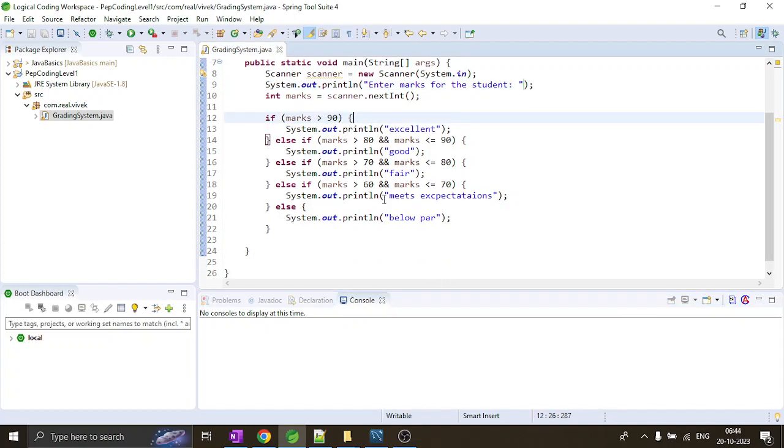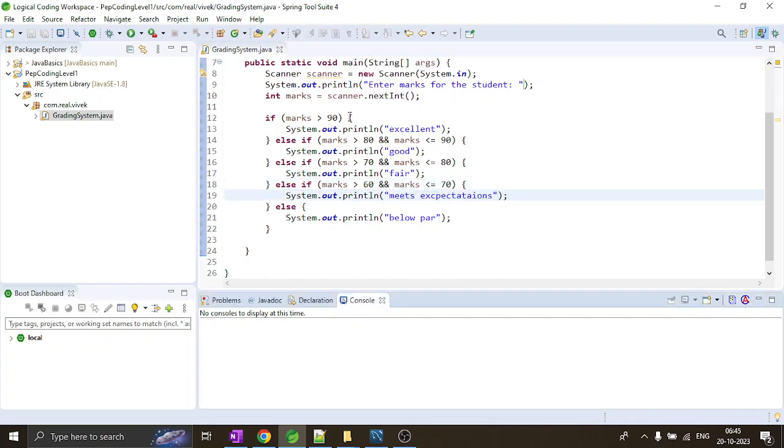Okay, and let's go over the logic once more. If the marks are greater than 90, we have to print excellent. Between 80 and 90, good. 70 and 80, we have to put fair. 60 to 70, we have to put meets expectations, and so on.